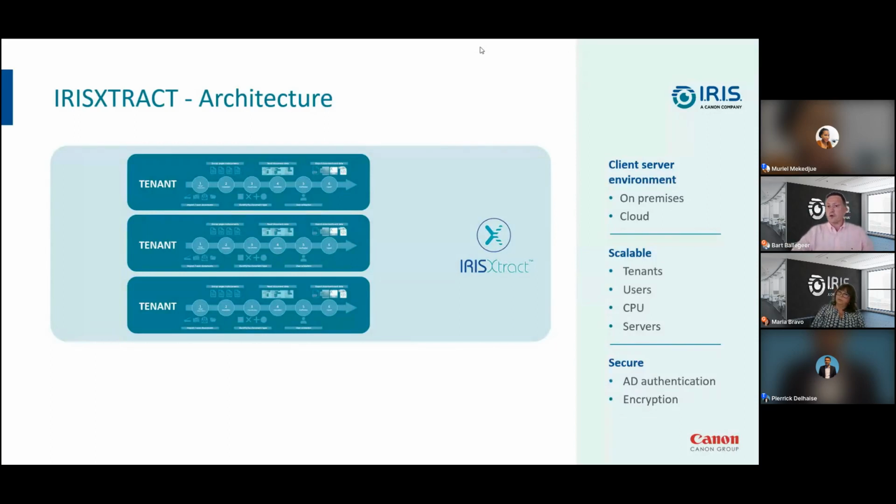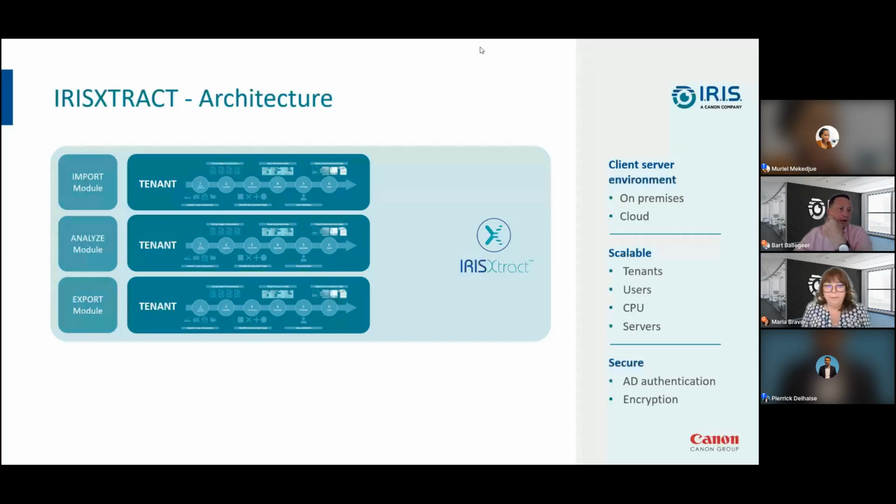Well, due to the fact that we organized everything in different tenants, it is isolated and it's very easy to split, even if you would like to extract a certain tenant and transfer it to a completely other Iris Extract environment. Now, all the logic is inside the tenants, but the CPU power and the memory and the physical server, actually this is shared to optimize the resources of our machine.